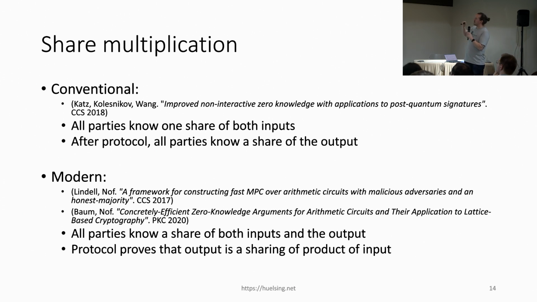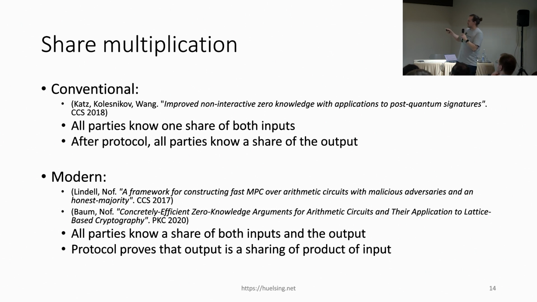If you are aiming for MPC in the head, you can actually do something nicer. You can do something where all parties know shares of the inputs and the outputs. Then you can run a protocol which actually proves that the shared output is the product of the shared inputs. Does this make sense?